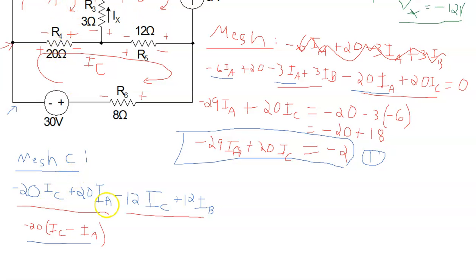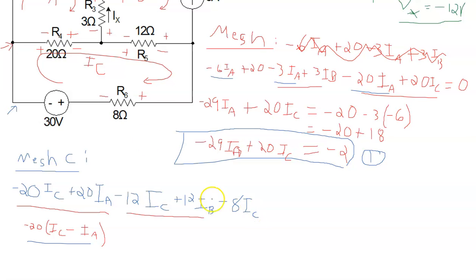R4 has IC and IA through it because it's shared between mesh C and mesh A. R5, the 12 ohm, has IC and IB through it because it's shared between meshes C and B. Okay, so that brings us to R6. R6 is down there, not shared. So it's just negative 8 times IC.